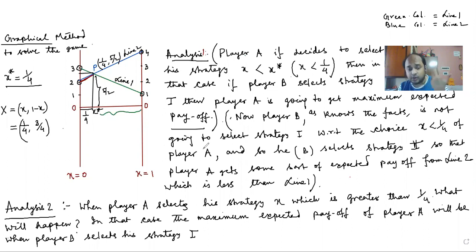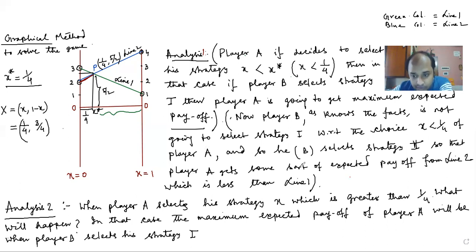I at least know that if I do so and if he does so, then this is my lower expected payoff and this is my higher expected payoff. But on the field, I never know what is going to happen. So both analyses have to be performed to know the situation of the game which is going to be played by me and you.